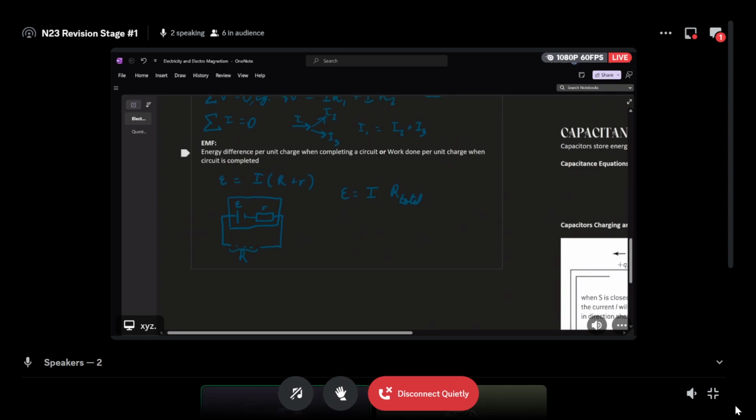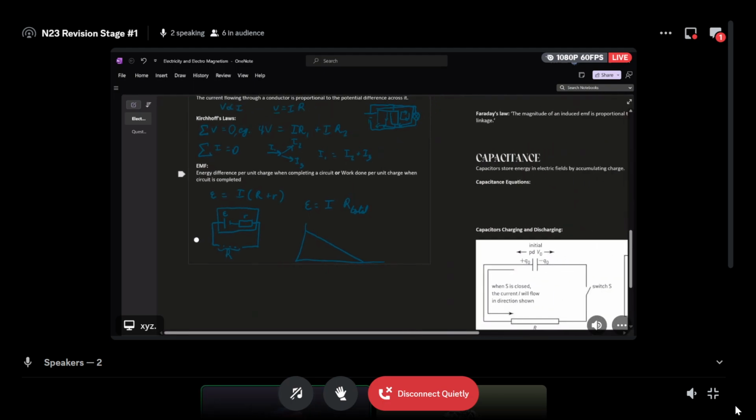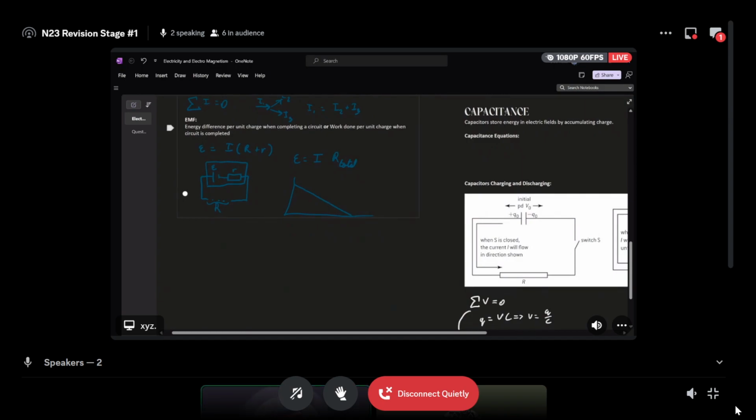And I believe you get asked questions where you're given graphing questions and you're given a line that looks like this, and you are told to solve for the internal resistance. And to solve for the internal resistance, you simply... what is it? Yeah, it's a classic.